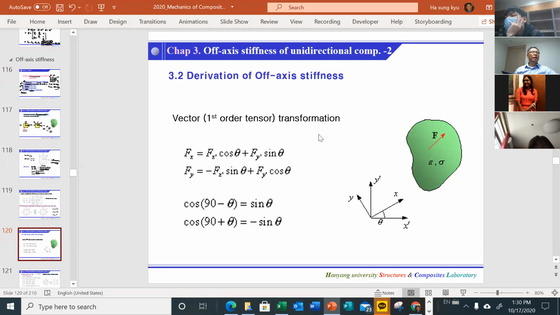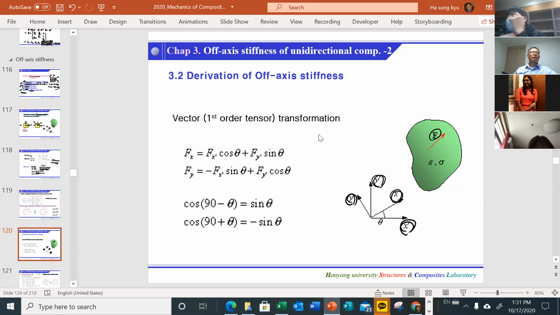Say this is the xy, and there is x prime and y prime. Now there is a quantity, just a vector with some direction. This is the f vector. To indicate this f vector, we can use a different coordinate system, either xy or x prime and y prime.